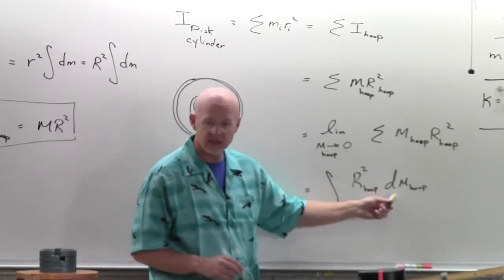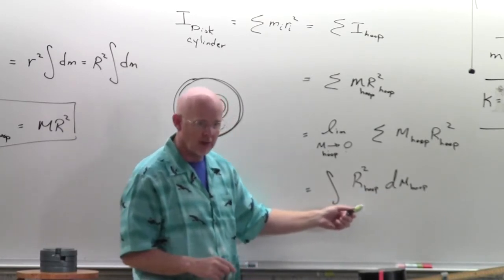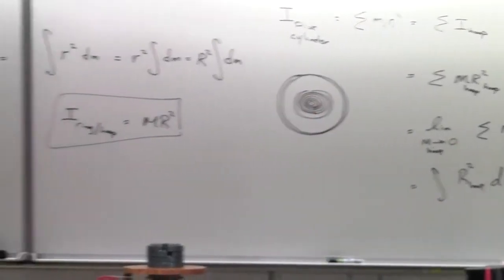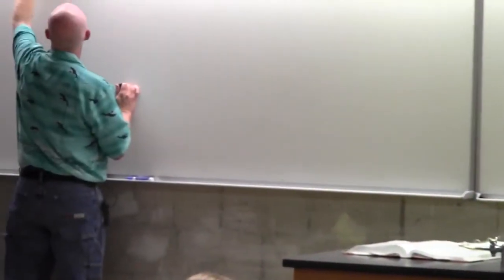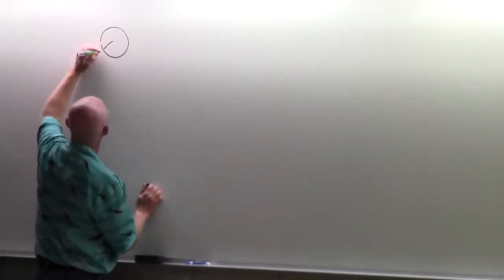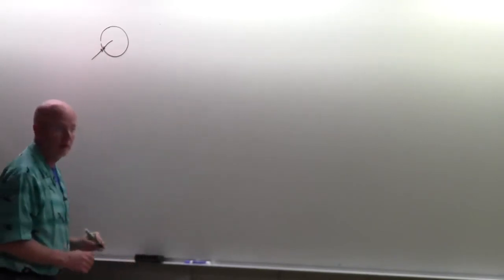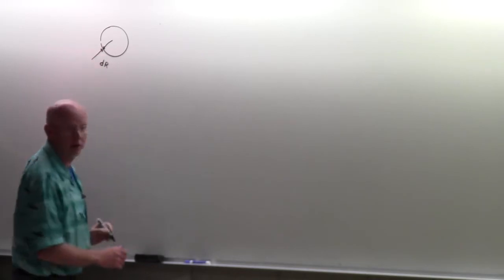The mass of an infinitesimally small hoop and a radius. Well, maybe I'll draw another picture over here. Here's this hoop. Go around a circle. Okay. It's really, really thin. It might have a thickness of what you might call dr. Fair enough?